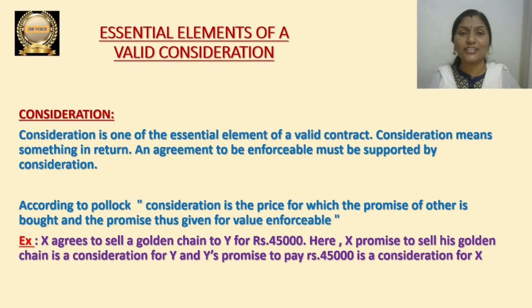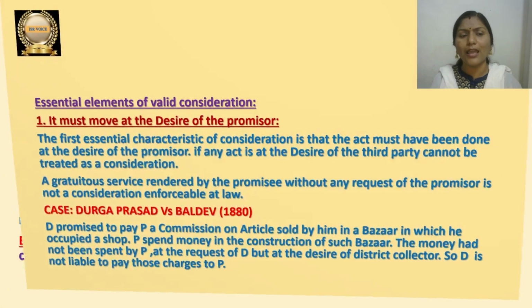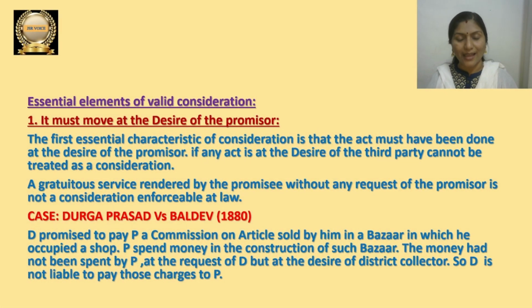Let us move to the essential elements of a valid consideration. If you want to call consideration a valid one as per law, then what are the essential elements for valid consideration? Let us discuss all those now. So the first one is, it must move at the desire of the promisor.